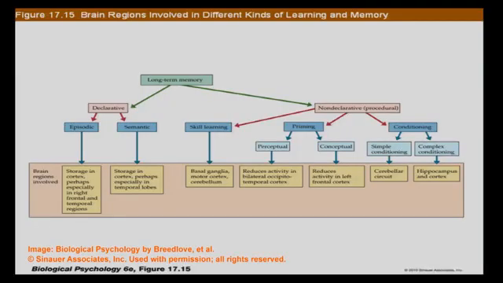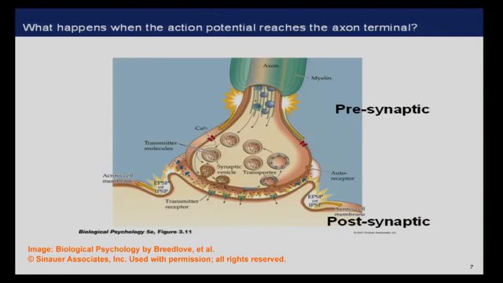And for this, we go back to, we talked about not just the hippocampus and the amygdala, but multiple brain areas that are important for various kinds of plasticity. But what we want to ask is, what exactly is happening here at the synapse that underlies these higher level cognitive functions?